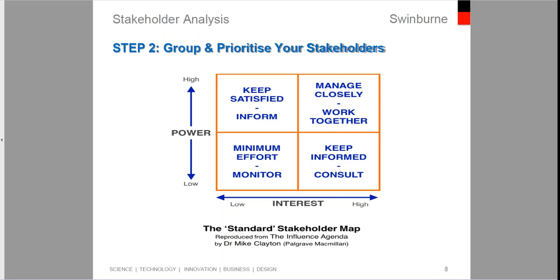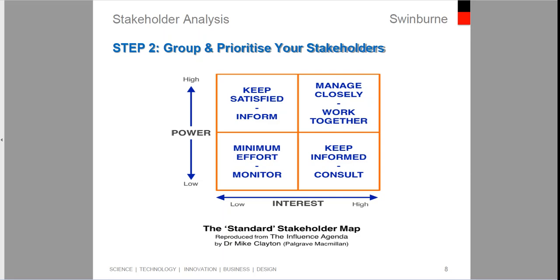So Dr. Mike Clayton provides a structured approach to stakeholder analysis. This particular model emphasizes the significance of power and interest in the stakeholder relationship. You can see the vertical axis shows power from high to low, and the horizontal axis shows stakeholders' interest from low to high.